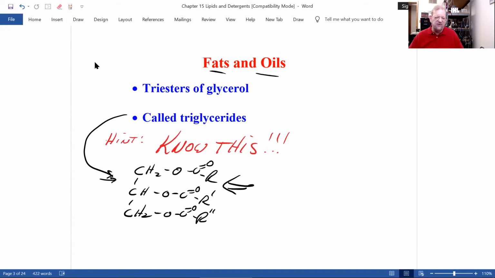Now, one thing I should warn you about, synthetic organic chemists write their esters this way. Oil chemists, I'm not talking about petroleum oil, those are called petroleum chemists. Oil chemists, chemists who deal with fats and oils, write their esters this way.